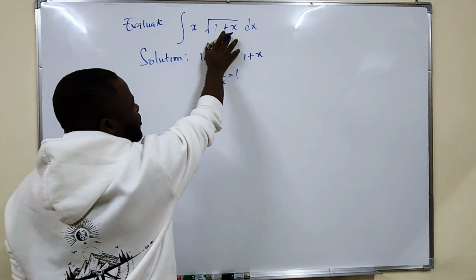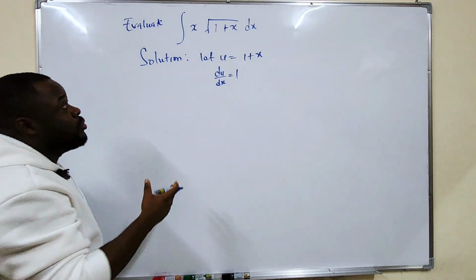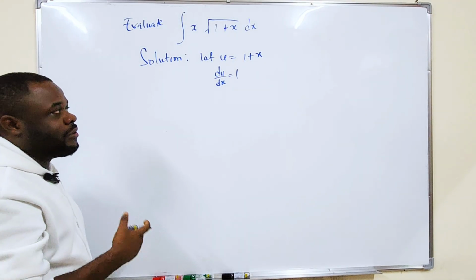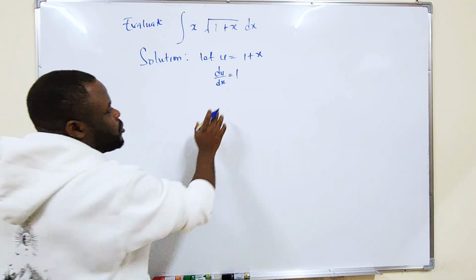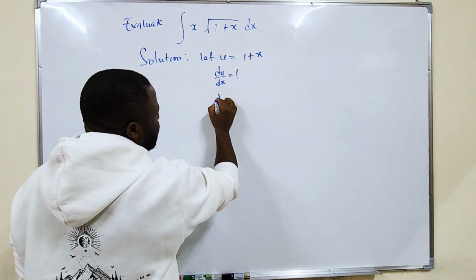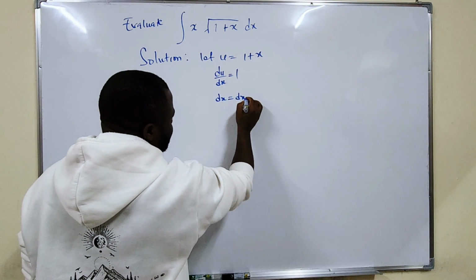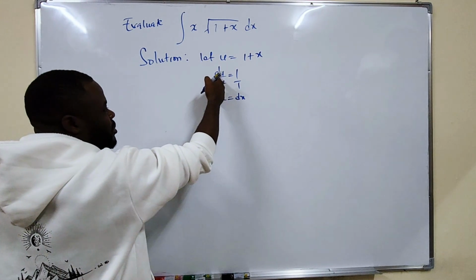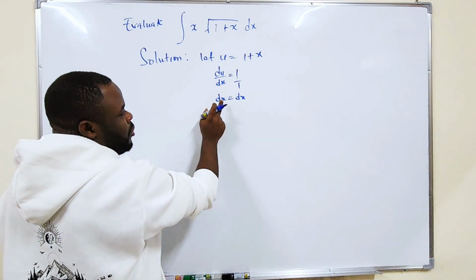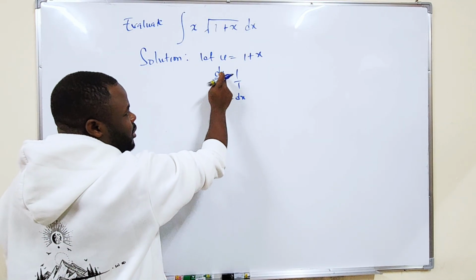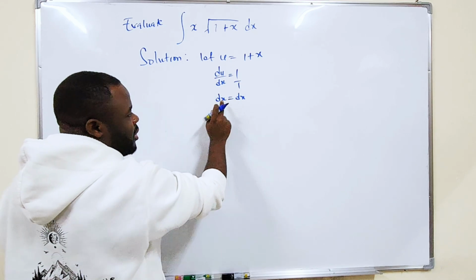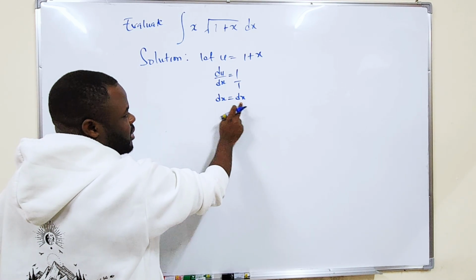We want to get rid of x so that we can find this antiderivative using the power rule. So dx is going to be equal to du, because if you multiply by 1 on both sides, we get 1 du equals 1 dx.